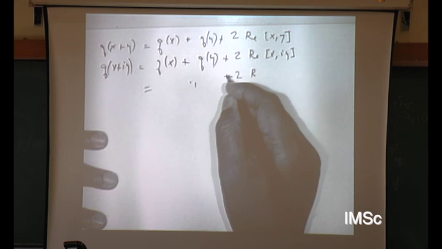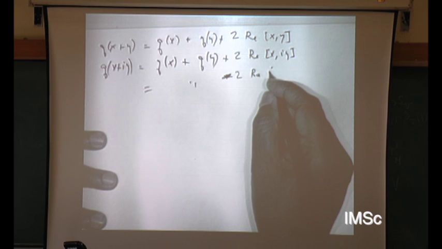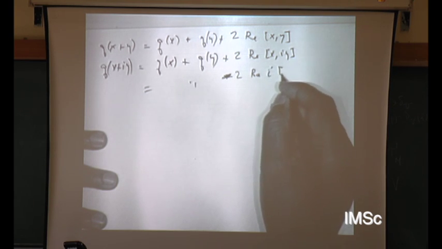So minus twice the real part of i (x, y).